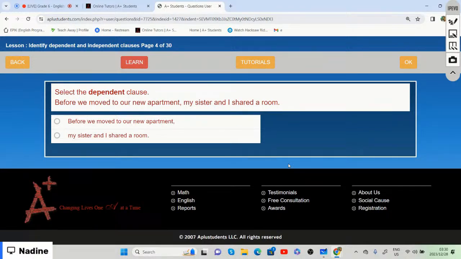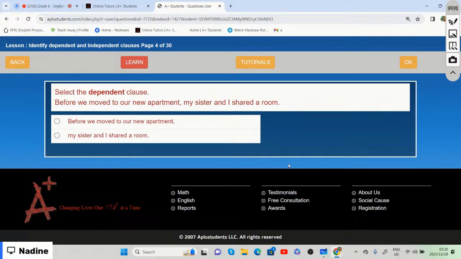So we need to also select the dependent clause, right? Before we moved to our new apartment, my sister and I shared a room.